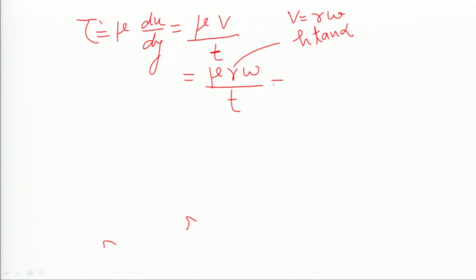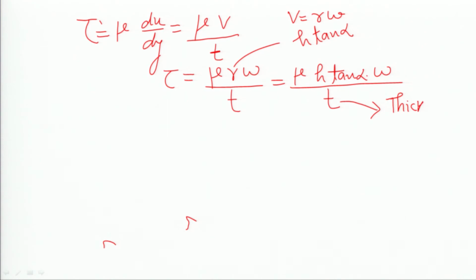So, we can write tau equal to mu h tan alpha omega upon t. This is the shear stress. And what is t? t is the thickness of the oil film.